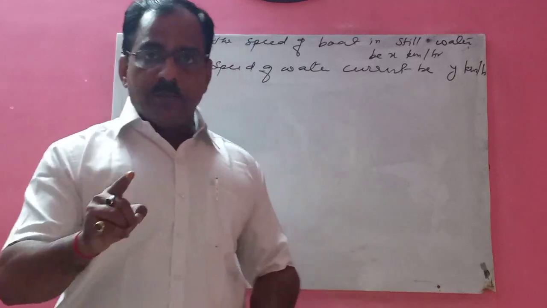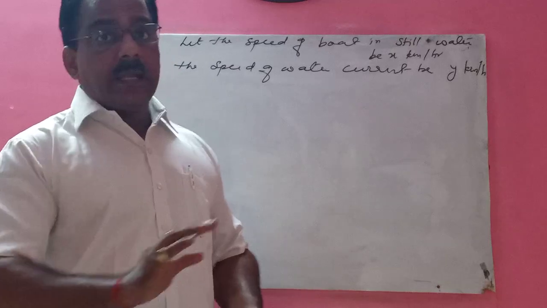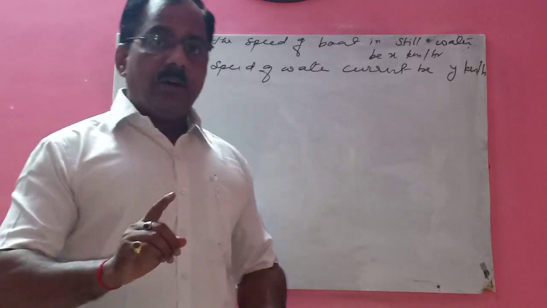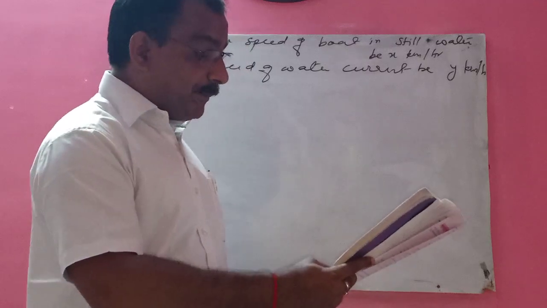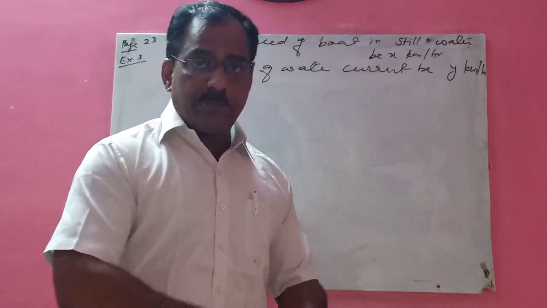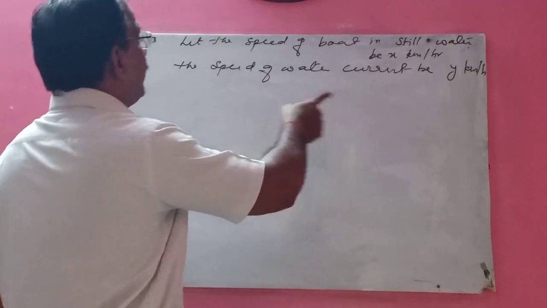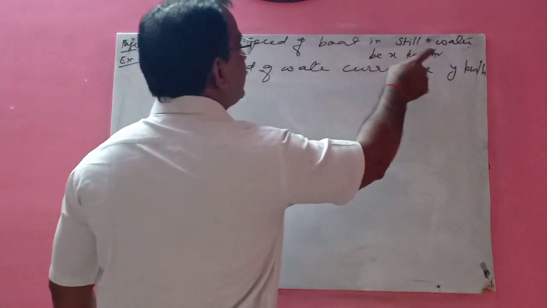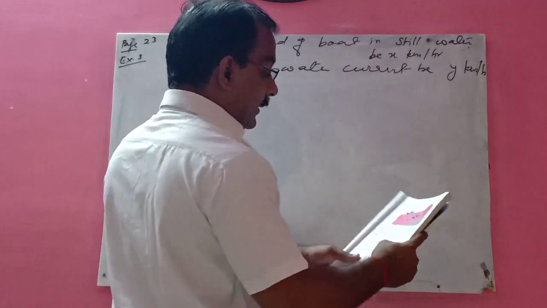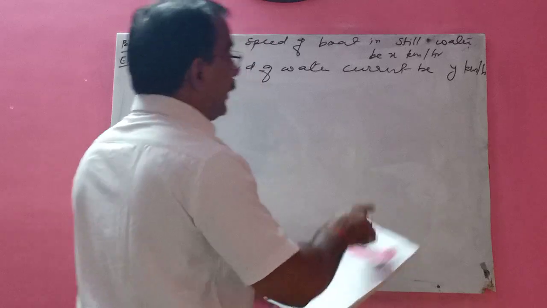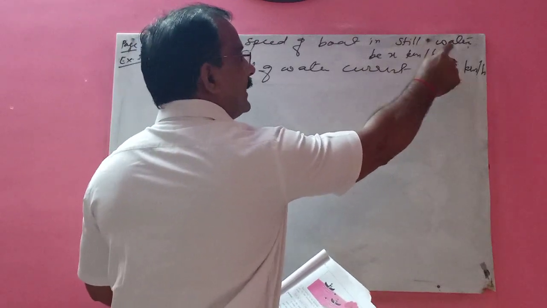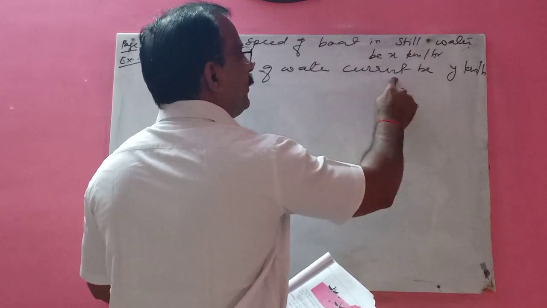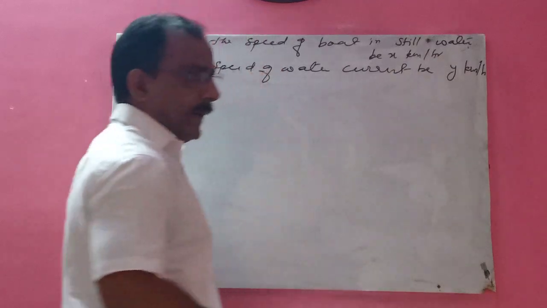Downstream, the speed of the boat will increase, and upstream the speed of the boat will decrease. So here, the speed of the boat you have to calculate now. Let the speed of boat in still water be x kilometer per hour and the speed of water current be y kilometer per hour.